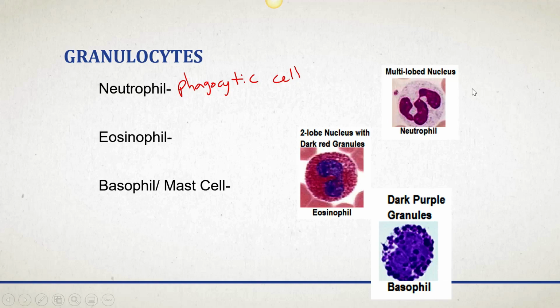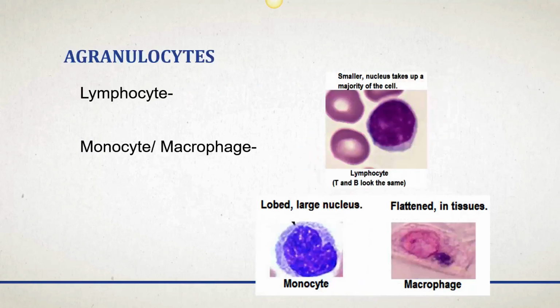An eosinophil plays a major role against parasitic infections and during times of inflammation. Basophils and mast cells also mediate inflammation, but they play a role in allergies as well. Agranulocytes include the lymphocyte and the monocyte or macrophage.